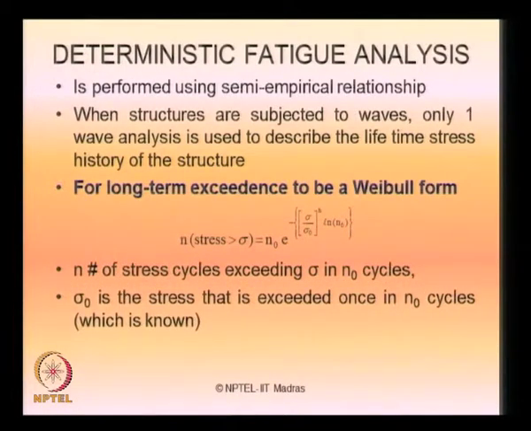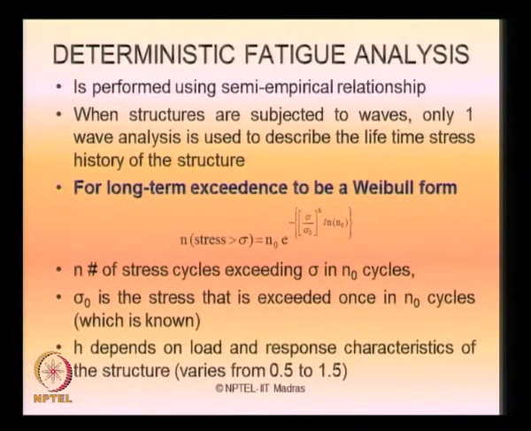Sigma naught, what you see here in this equation, is the stress that is exceeded once in n naught cycles, which is known to you for a given problem, and h, what you see here, depends on the load and response characteristics of the structure. Essentially the value lies between 0.5 and 1.5.